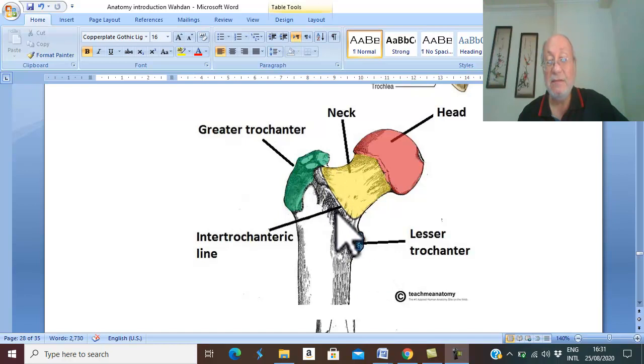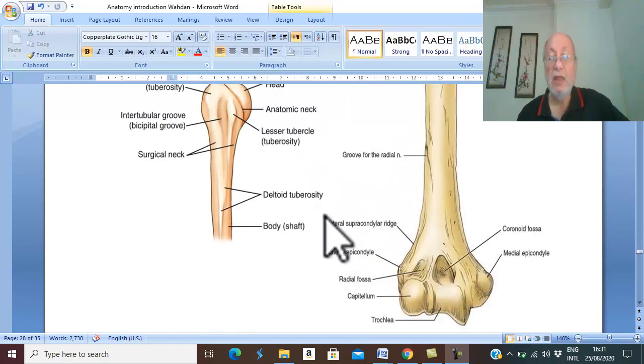And this line, this landmark which connects the two trochanters, is called the intertrochanteric line. Line means just an elevated or just a rough linear landmark on the bone. Border. Border, like this anterior border of the humerus, this medial and lateral border of the humerus.